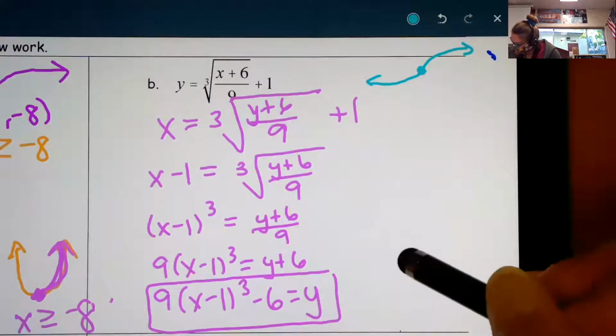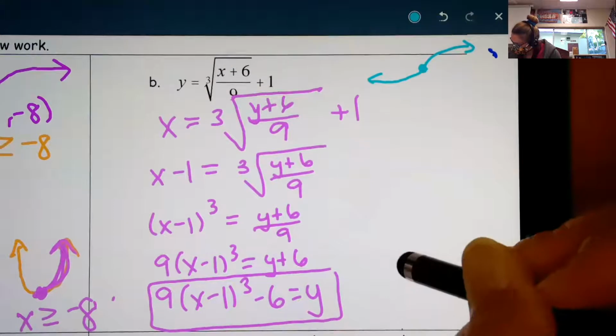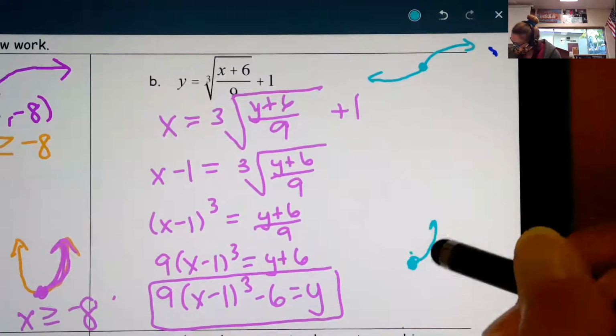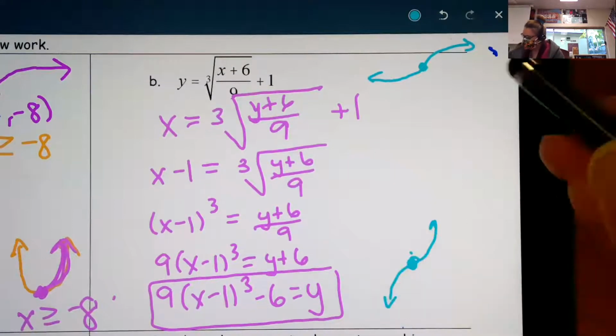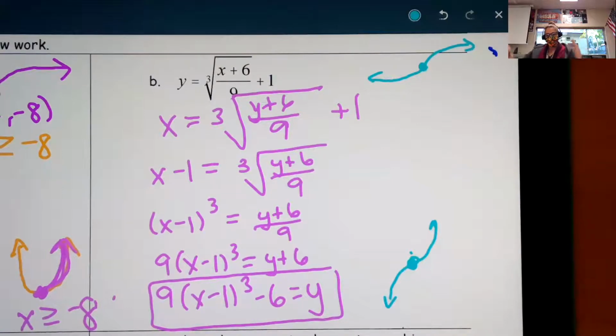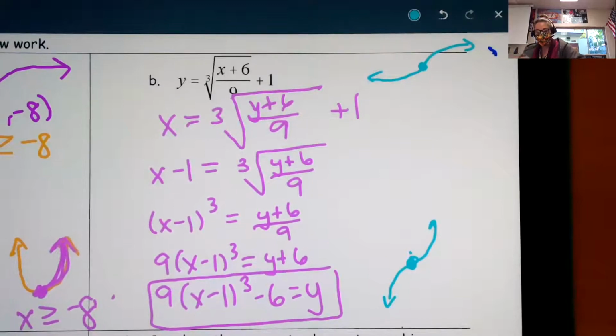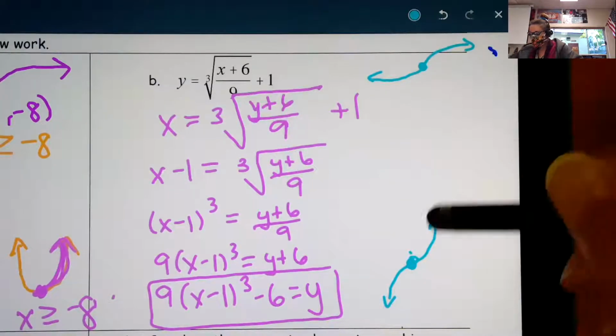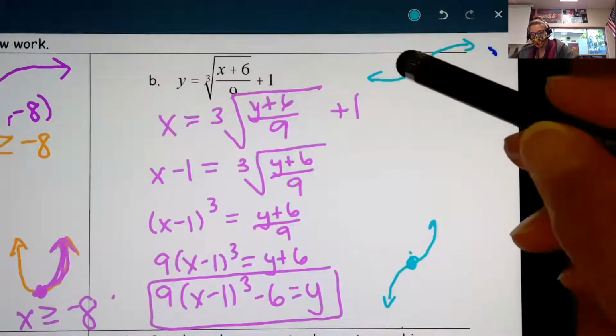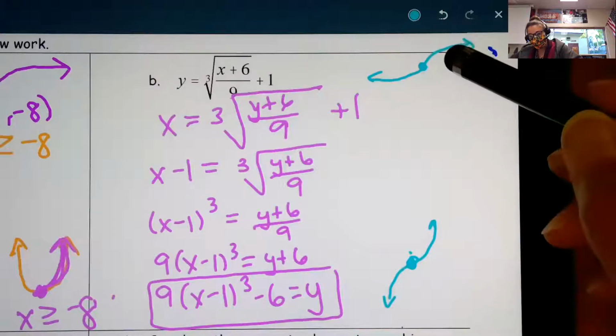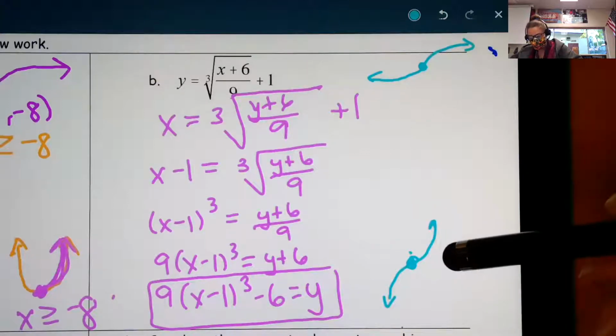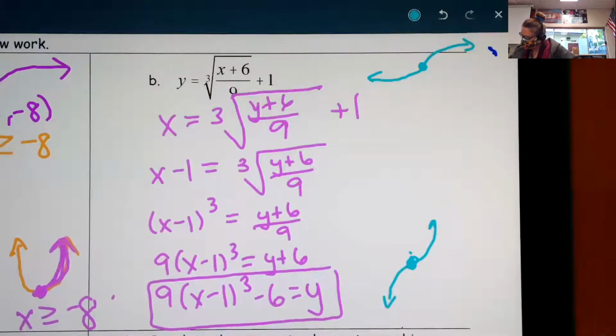This one is a cube, and a cube looks like this. And you can see that I'm getting both halves. It's not like with my square root where I only have half of the sideways parabola. I don't need a restriction for this. I have this whole entire thing here, and when I make the inverse, I'm going to get this whole entire thing here. So we're good to go on that one.